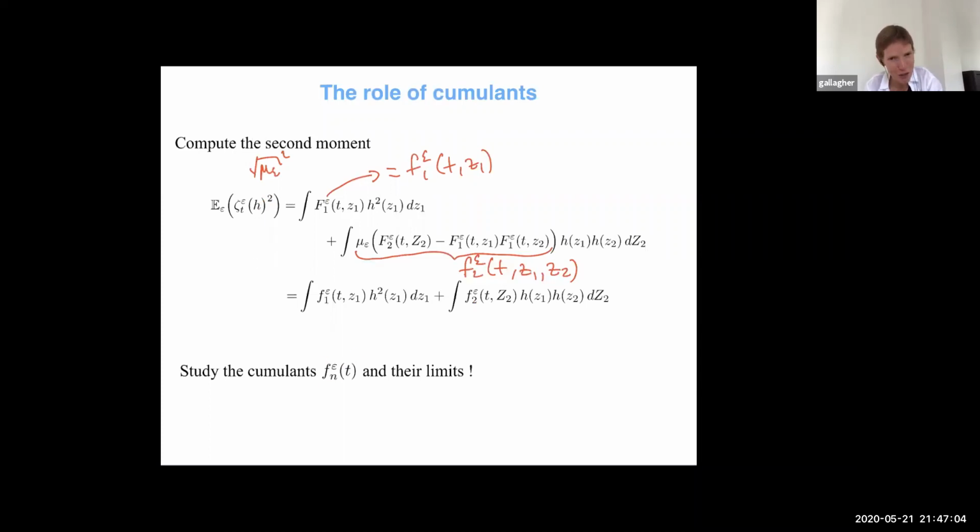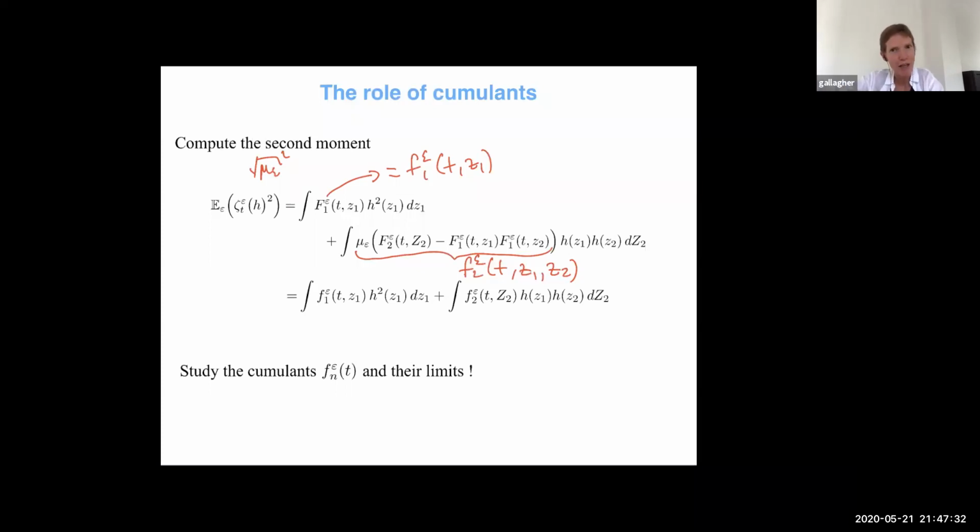So how do you define the cumulants at order n? At order 2, I take the two-particle correlation function and remove the chaotic part f1, f1. If I want f3, I take capital F3 and remove the f2, f1. When I play around with the labels of my particles, I should remove f2 of z1, z2, f1 of z3, and then reorder all the labels, okay?